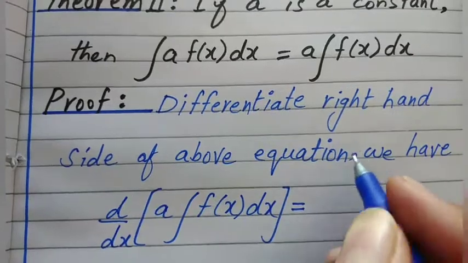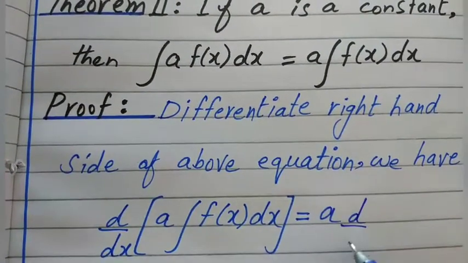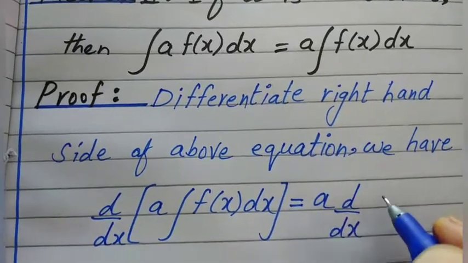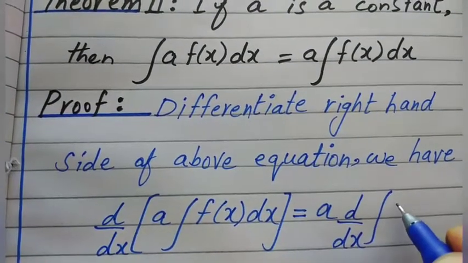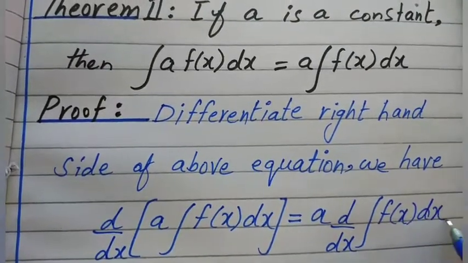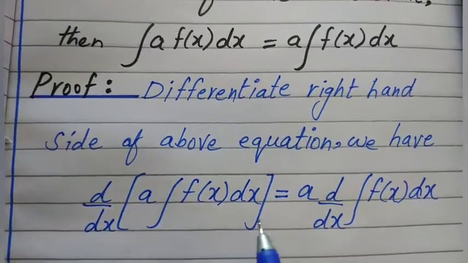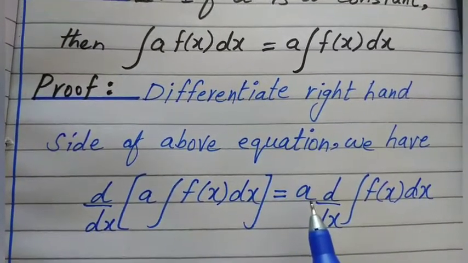One thing remember, students: each operation you apply in the solution of any question or any proof, you should write the statement in the solution so that the examiner will understand what you are going to do. It's necessary.